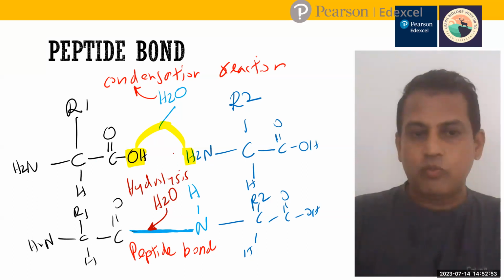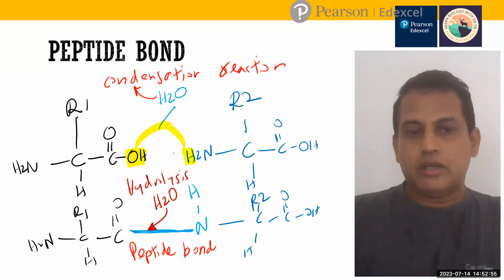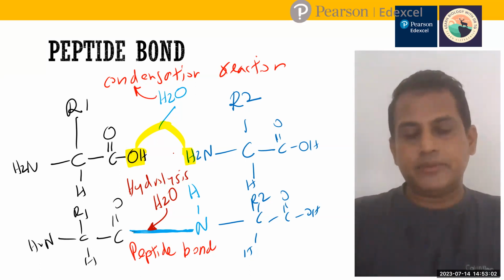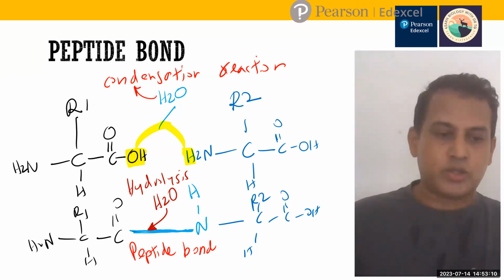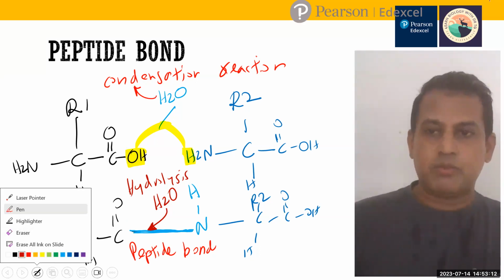Peptide bond forms when one water molecule is formed in a condensation reaction. Now, this is the dipeptide, right? So dipeptide means two amino acids joined together to make the peptide bond.